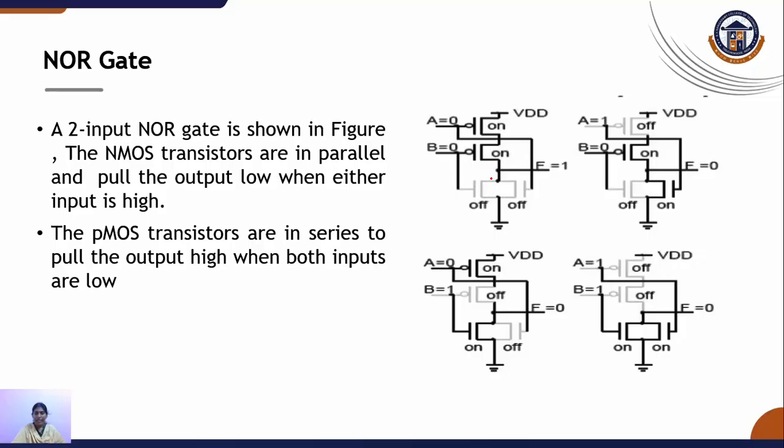First we design the NMOS logic in the CMOS concept. This is the equation of the NOR gate. First we consider the equation A plus B; we need two NMOS transistors and two PMOS transistors. From this we are going to design the circuit.